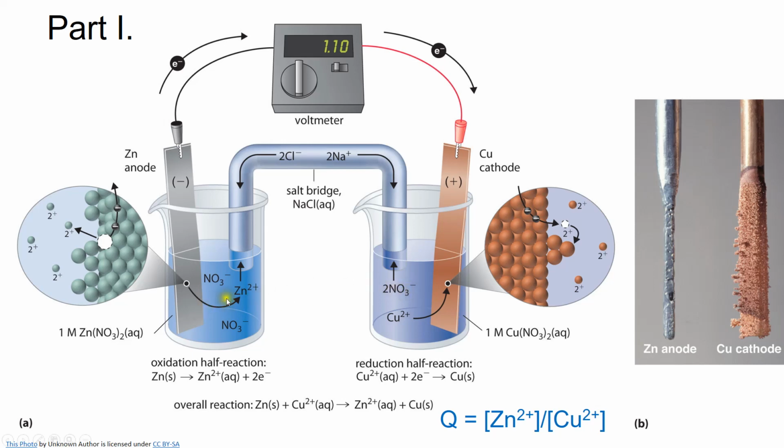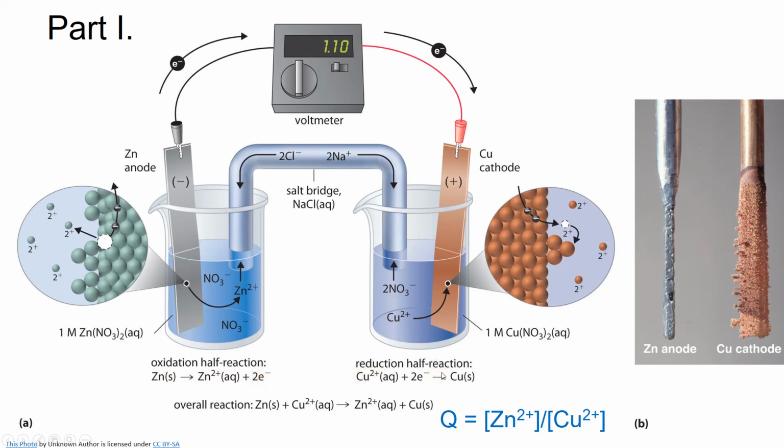Between the anode and the cathode, we need a salt bridge. It's easy to memorize this diagram: A, B, C. A for anode, B for bridge, and C for cathode. We have two half reactions. The oxidation half reaction is this: zinc becomes zinc 2 plus and 2 electrons.